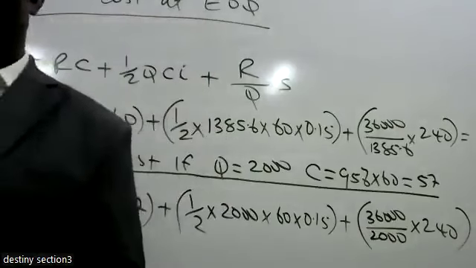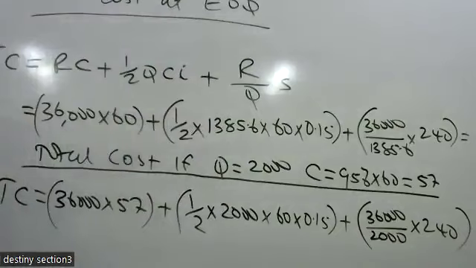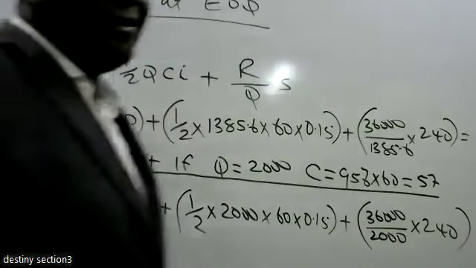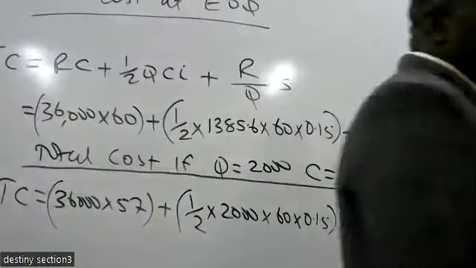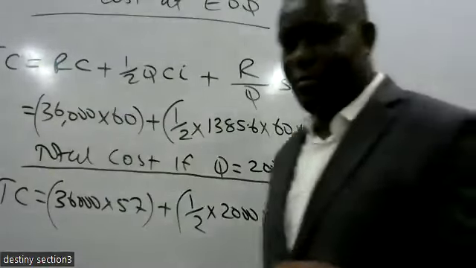Exactly 107. 107, 150. Yeah. So that's now how to establish whether you accept the discount or not.